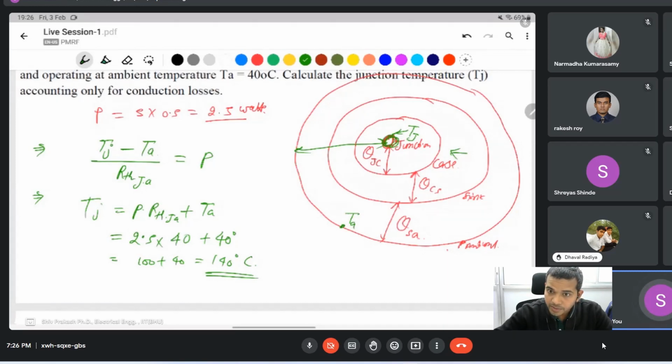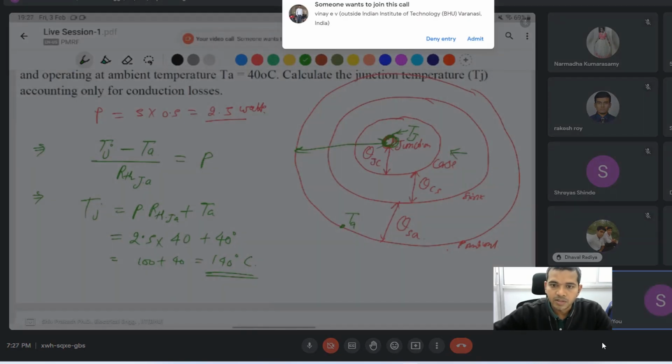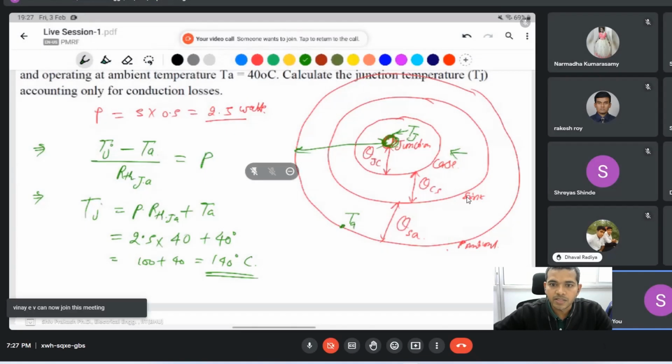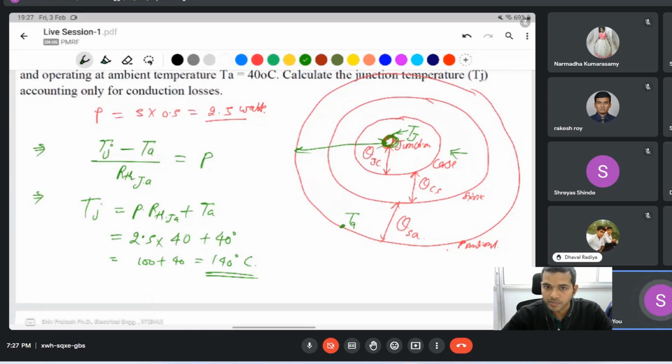The junction is where they place the device, the PN junction. The case is the body of the device, the sink provides the cooling, and the ambient is the outside of the device, the ambient temperature.